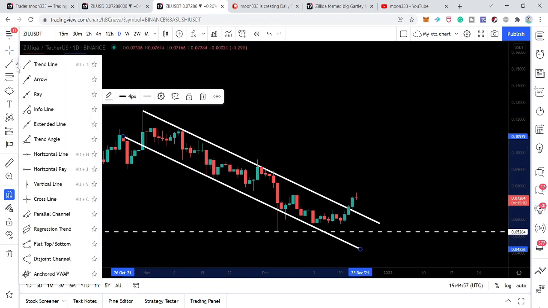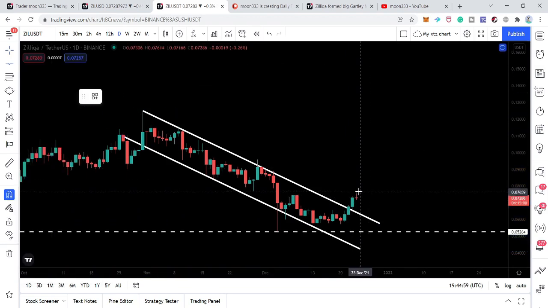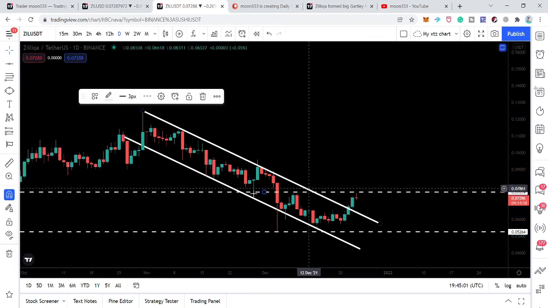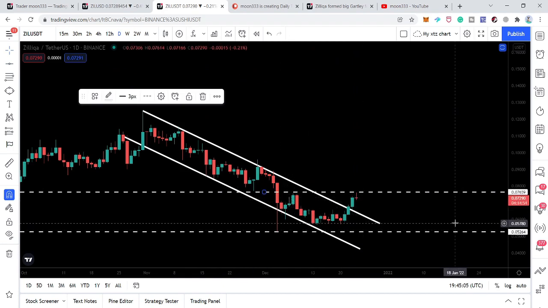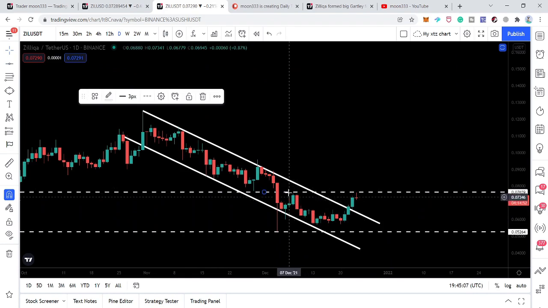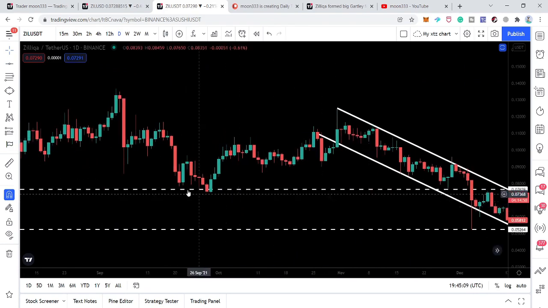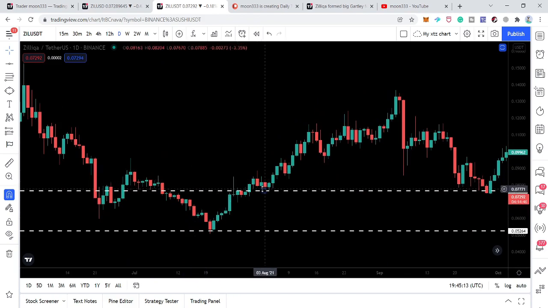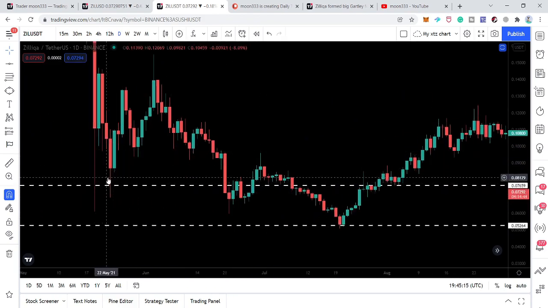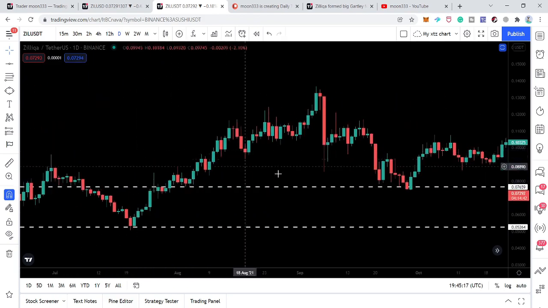If I place this trend line here, for example, where we have the spike of this candlestick, then we can see that this 7.2 cents level has been breaking as a resistance here and as a support here, and as a support here.